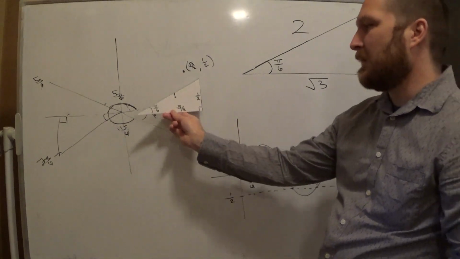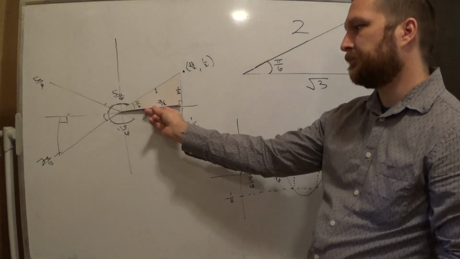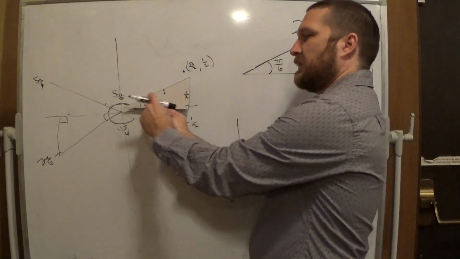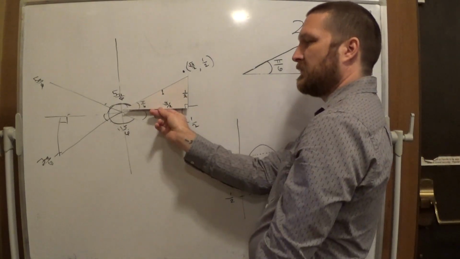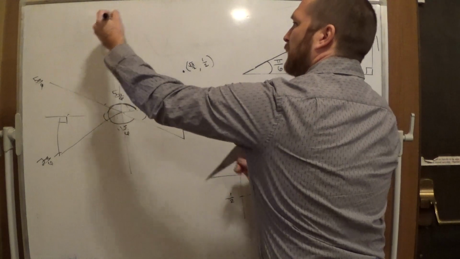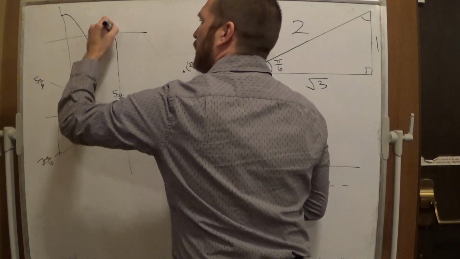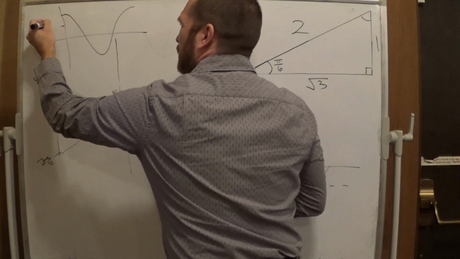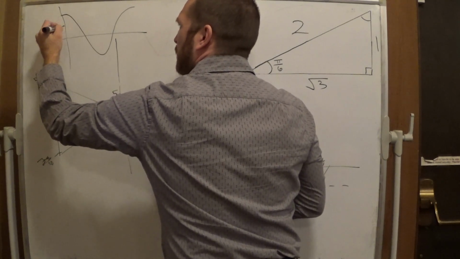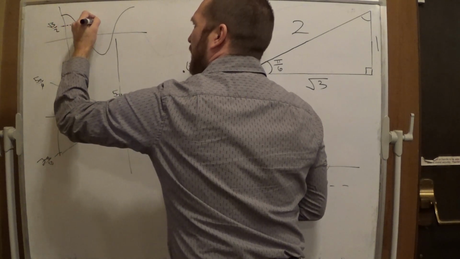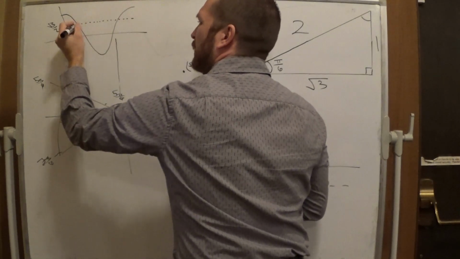We could play the same game with root 3 over 2. Root 3 over 2 is positive over here, therefore cosine of pi over 6 must be that. And if we're looking at cosine, and we want to ask where this is equal to root 3 over 2, the great thing about the graph is it can tell you where to look.